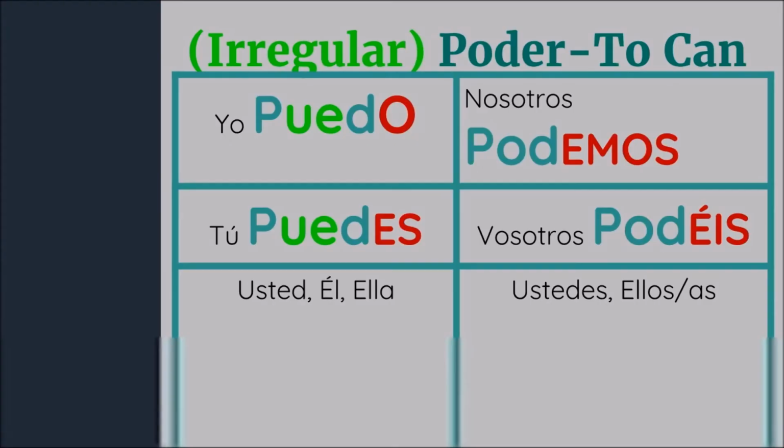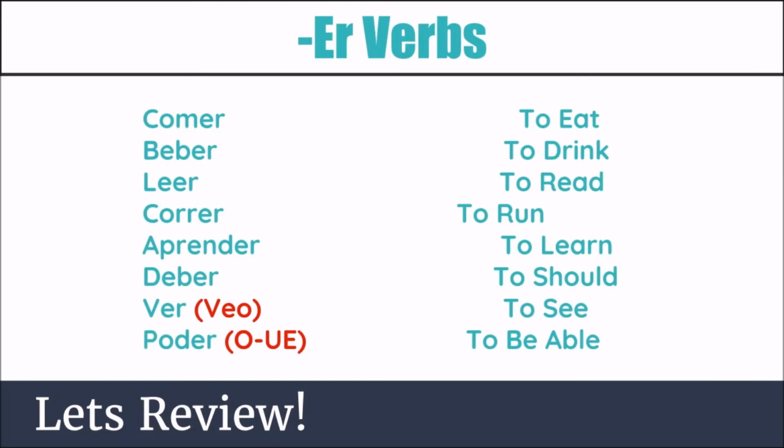Now let's review all the ones we've gone over one more time. Comer is to eat. That one is regular. Como, comes, come. Beber, or to drink. Bebo, bebes, bebe. Leer, or to read, has a slight irregular. Leo, lees, lee. Correr, to run.